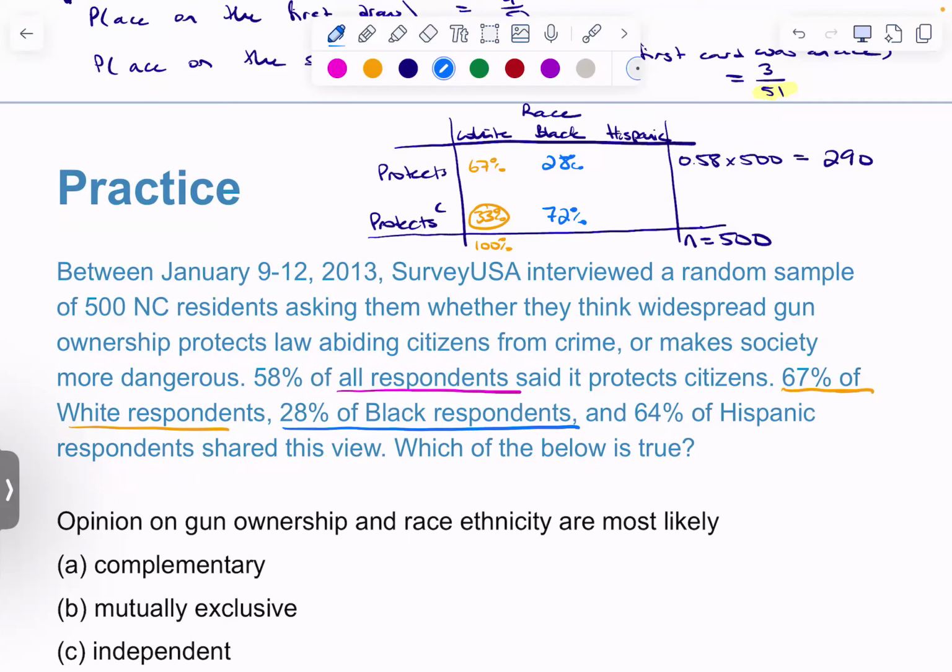And what am I comparing it to? I'm comparing it to this overall 58%. If there was no relationship, then I would expect all these categories to be roughly 58%, but there's quite some variation. And then finally, let's use green for Hispanics, and 1 minus 0.64 puts me at 36% of Hispanics.